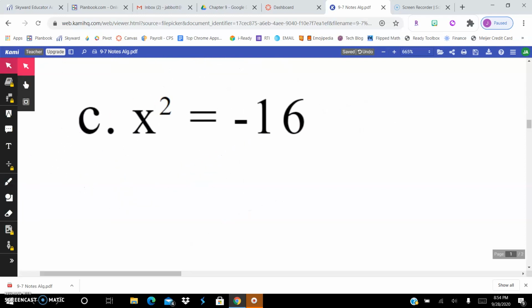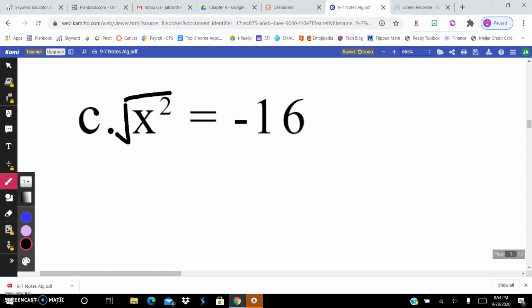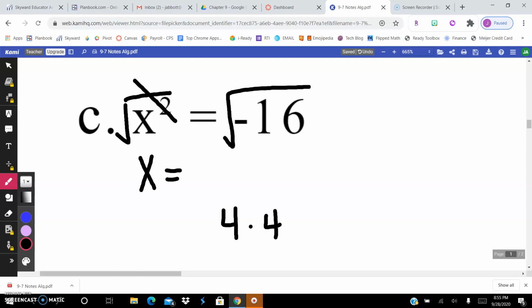Then we have x squared equals negative 16. We have to cancel that squared, so we're going to take the square root. The square root and the squared cancel, we just have x. But the square root of negative 16, so square root means what can we multiply by itself to get that number? Well, I can do 4 times 4 to get 16, but I need a negative 16.